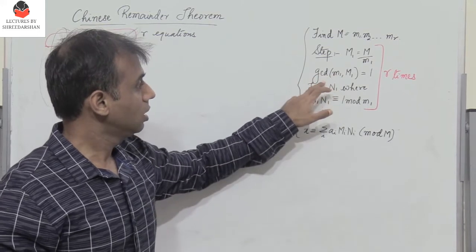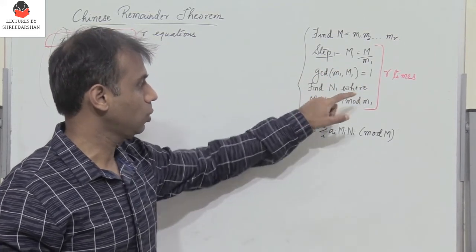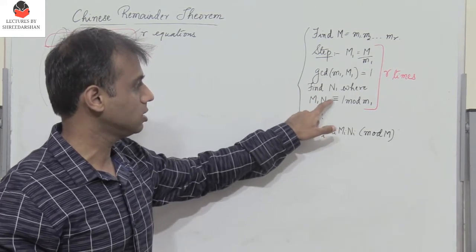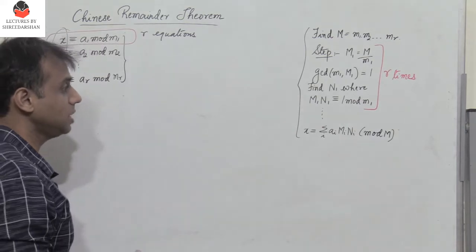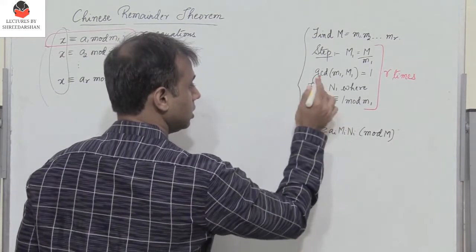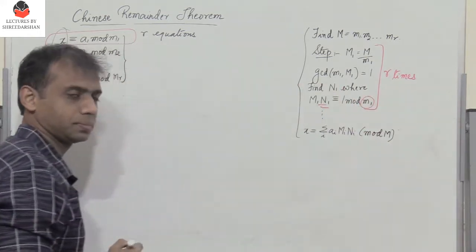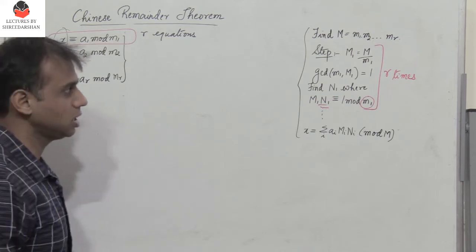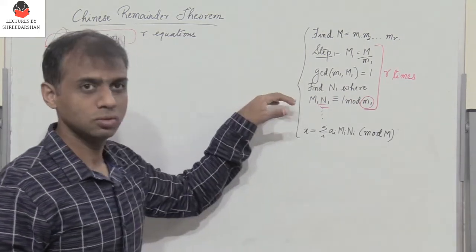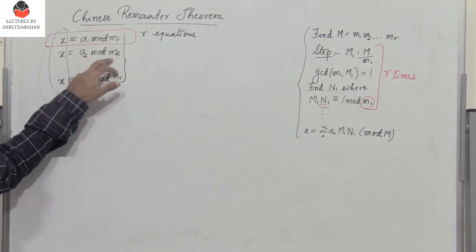Once you establish this, we need to find n1 where M1 into n1 is congruent to 1 mod m1. This essentially means that n1 is the inverse of M1 in mod m1. Once you find the inverse n1, we have finished the first step. Next we move on to the second step, where you consider the second equation.